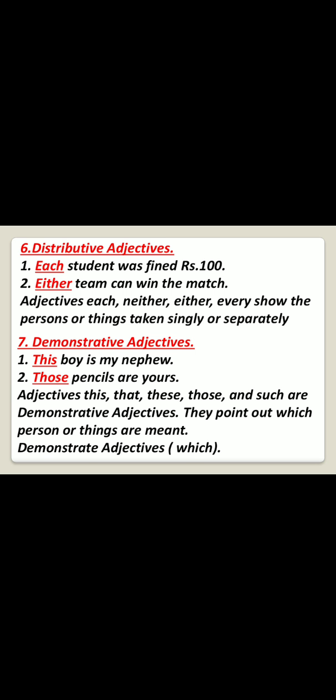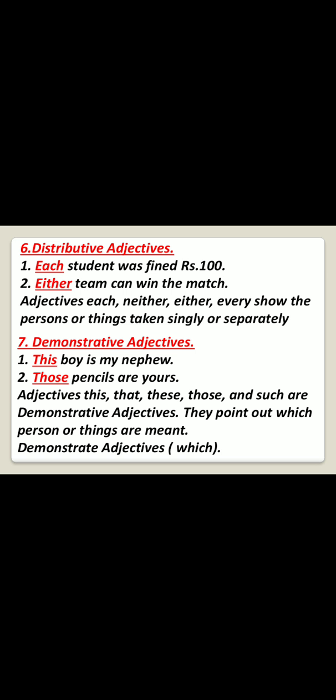Number 7, demonstrative adjectives. An adjective used to point out a person or a thing we speak about is known as a demonstrative adjective. For example, this boy is my nephew. Those pencils are yours.